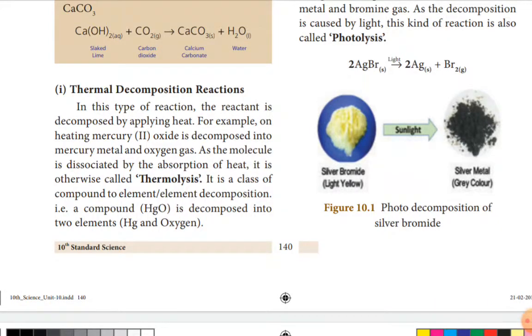So lead nitrate on heating gives lead oxide plus nitrogen dioxide plus oxygen. I repeat, for the thermal decomposition reaction, lead nitrate on heating gives lead oxide plus nitrogen dioxide plus oxygen.